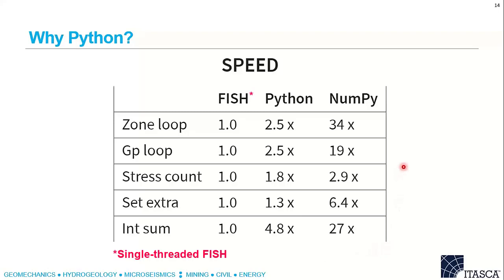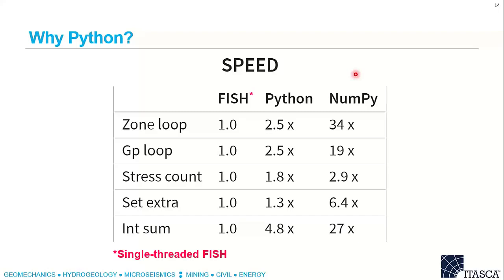And you can see that for something as simple as looping through all the zones in a model and performing either some calculation from a resulting value of those loops or setting a new value within those loops, using NumPy bindings within Python can allow for extremely faster times, up to 34 times faster calculations.